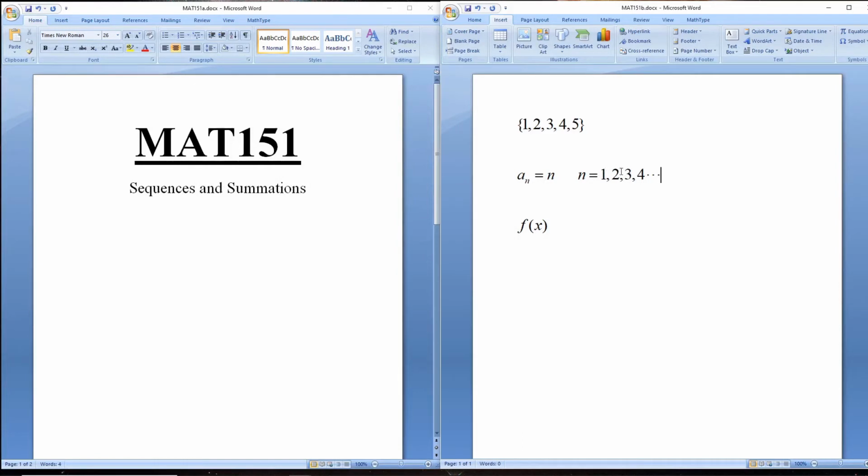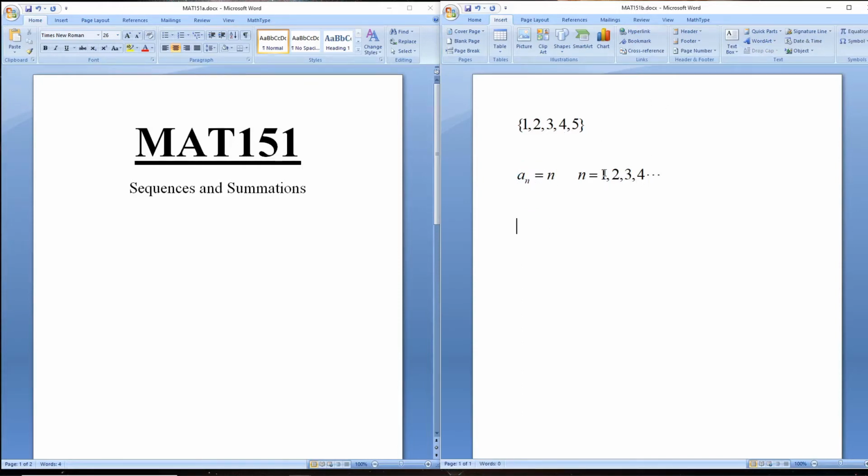Our book does start n with 1, though. So our sequence, this a sub n, we always put in n that starts with 1, then 2, then 3, then 4, and however many times we need to do that. Unlike a function where x can be any number here, a sequence only allows these integers.